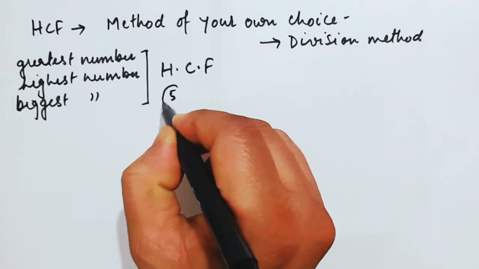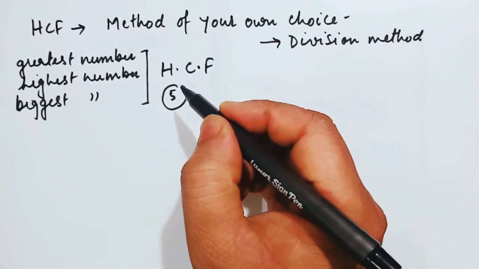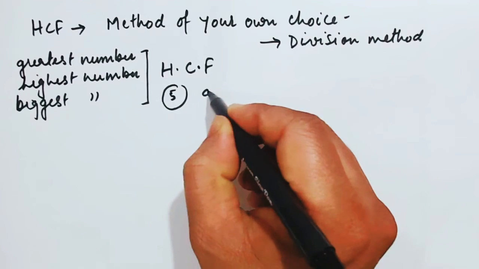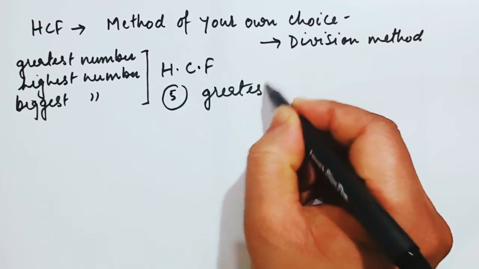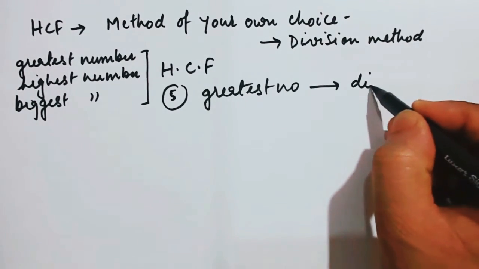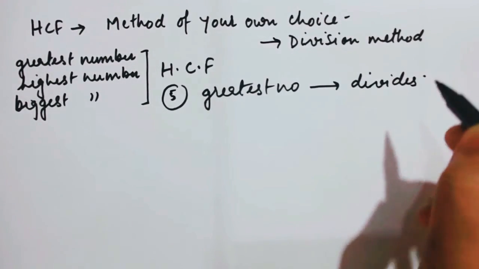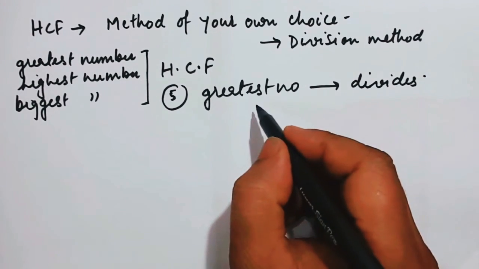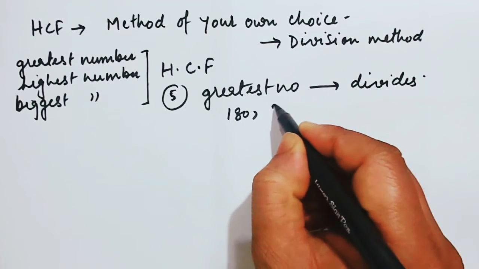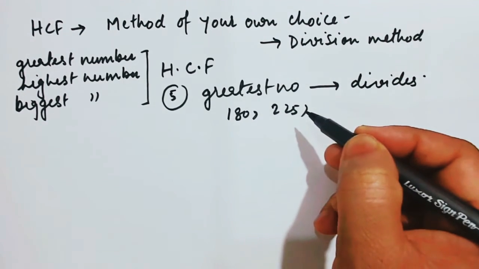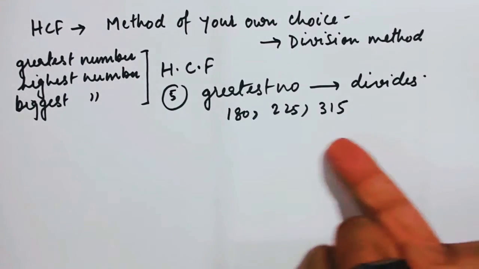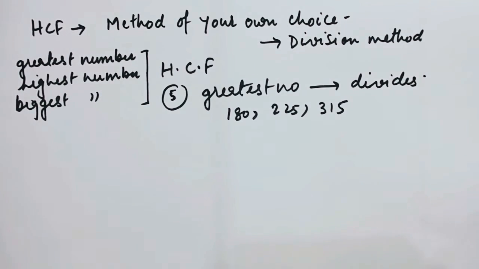They say, find the greatest number that divides 180, 225 and 315 completely. Of course, the HCF will only divide each of these numbers completely.